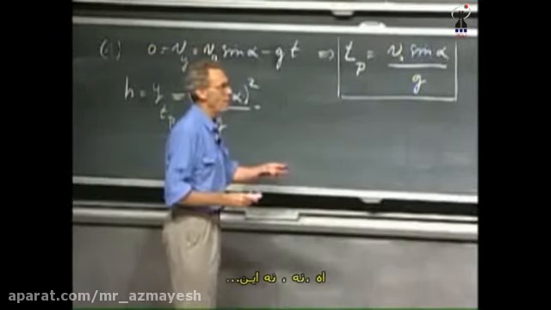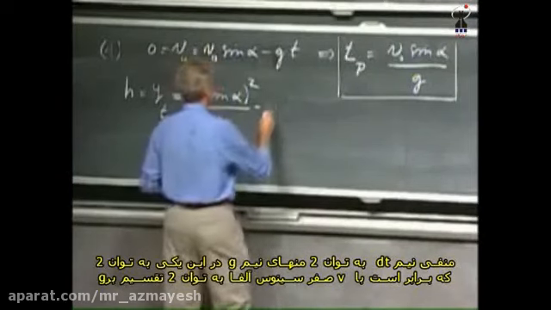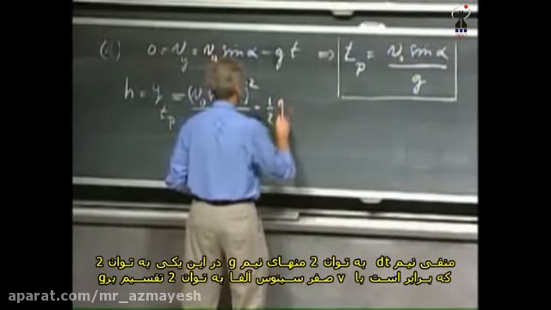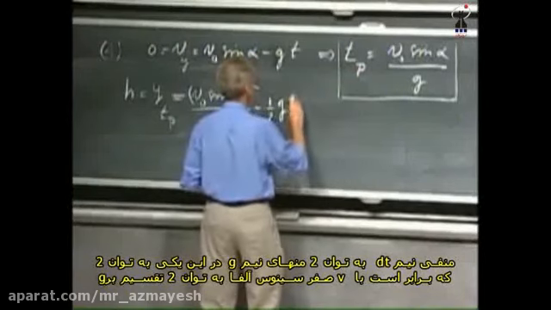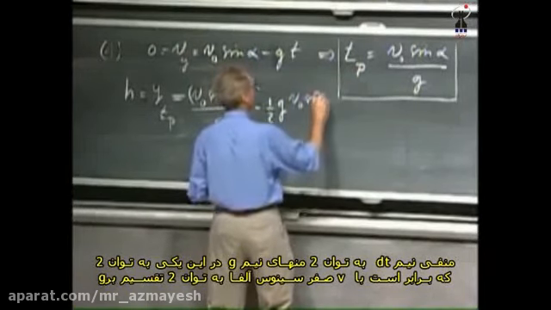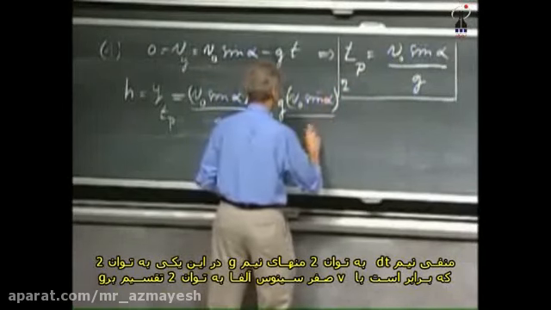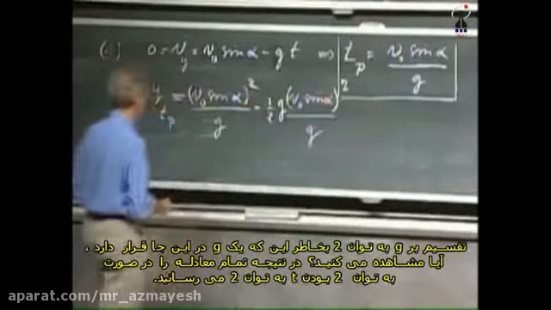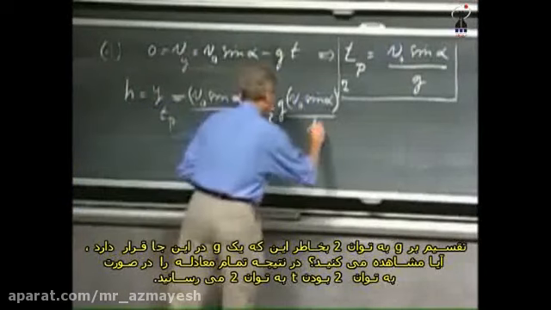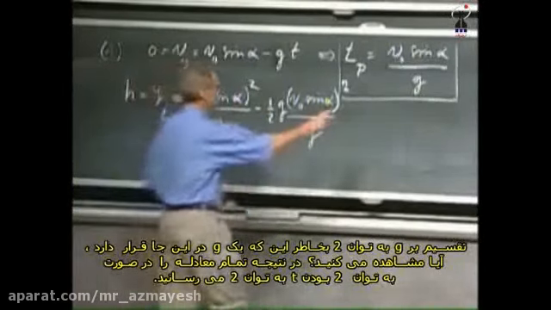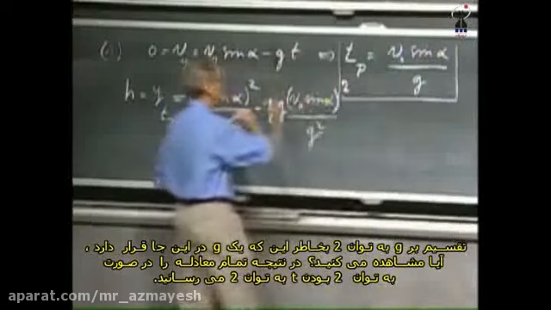This equation, minus half gt squared, minus 1/2 g times this one squared, which is v0 sine alpha divided by g squared. Because there's a g here, you see. So you square the whole thing, it is t squared.